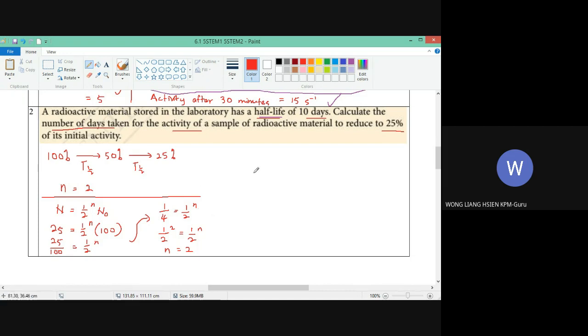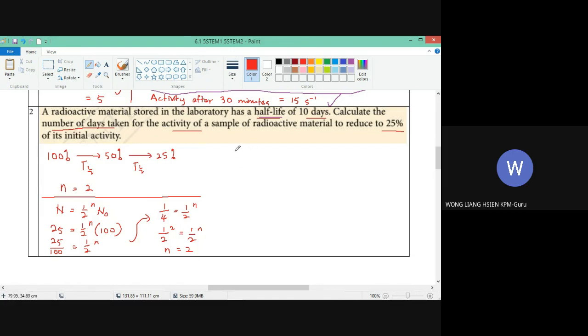Now that we know the number of half-lives is 2, we can calculate the number of days for it to decrease to 25%. One half-life is 10 days.